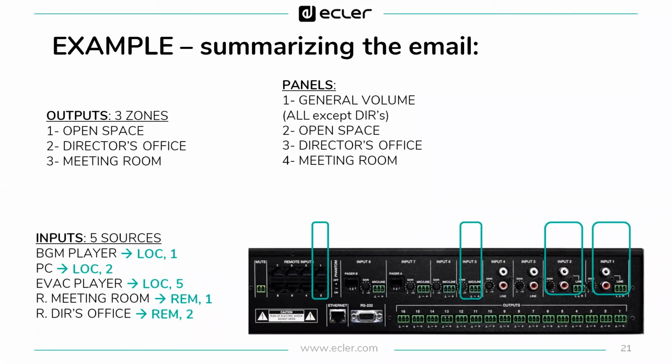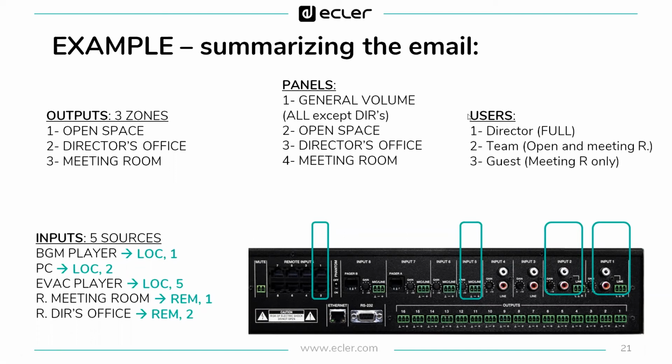The third panel will control the director's office volume and source selection. And finally, the meeting room panel. Okay, so basically 1 panel per zone plus the general volume panel that we will choose what zones it is affecting.